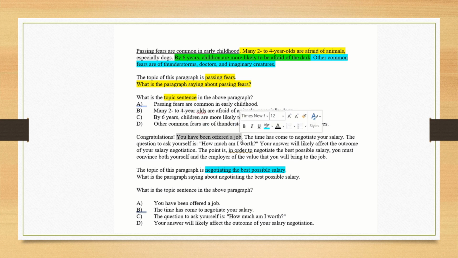What does this sentence have to do with negotiating a salary? Remember, the main idea is the author's controlling point about negotiating a salary. The topic will be in there because by definition, the main idea is the author's point about the topic. So what is the author saying about negotiating a salary? "The time has come to negotiate your salary." This sentence is the main idea.